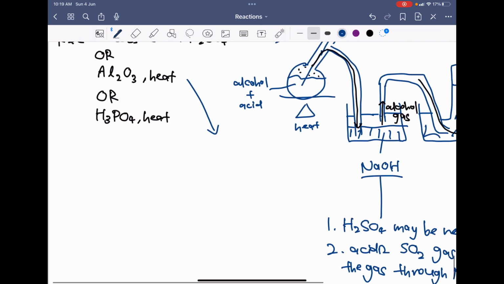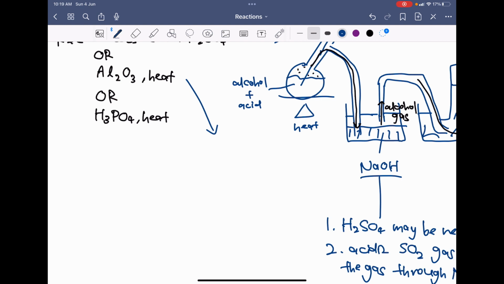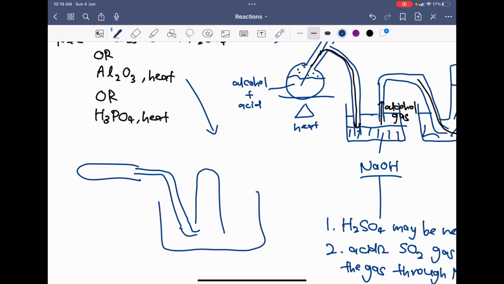And now we look at hot Al2O3. Okay, let me just draw a rough one. Please do not copy this. This is a really bad drawing. Okay, and then this is heated up.